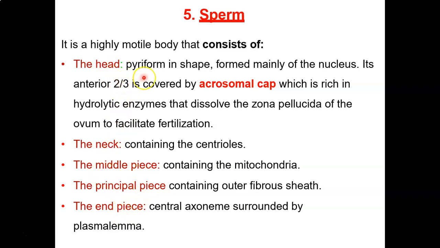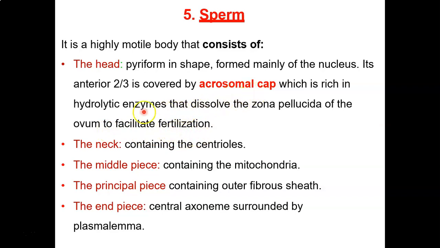The head is piriform in shape, formed mainly of nucleus. Its anterior 2/3 is covered by the acrosomal cap, and this acrosomal cap is rich in hydrolytic enzymes that dissolve the zona pellucida of the ovum to facilitate fertilization.